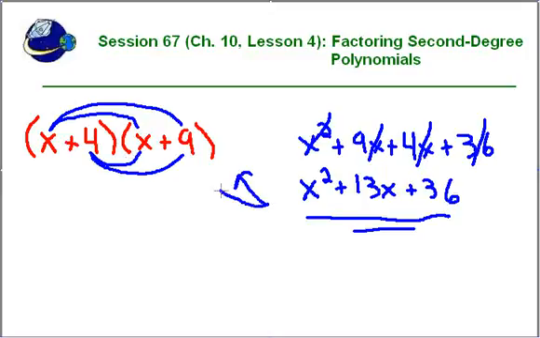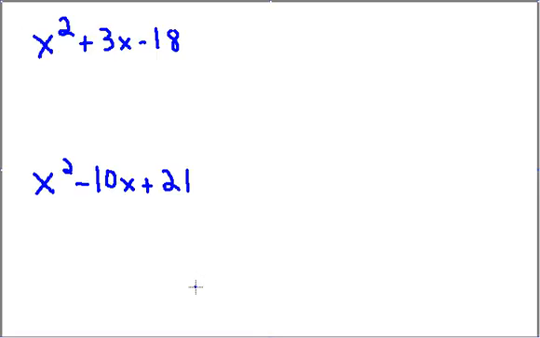Factoring is the process of starting off with a polynomial like this and working backwards to find your original factors that you multiply together to get this. So then, here is a polynomial, x squared plus 3x minus 18.